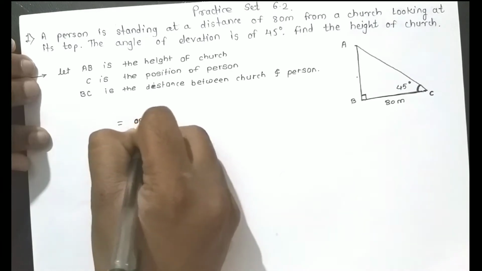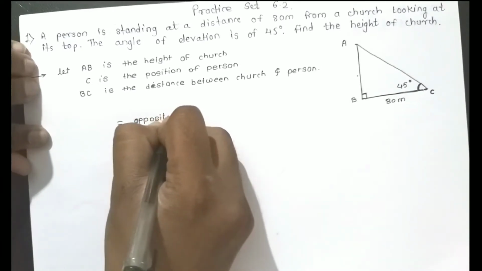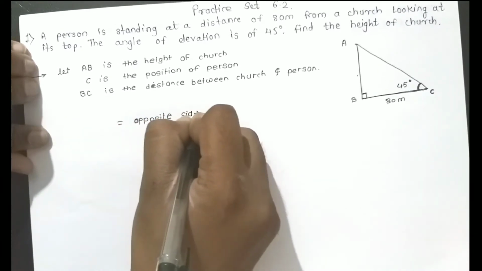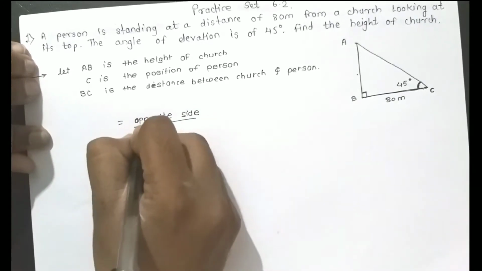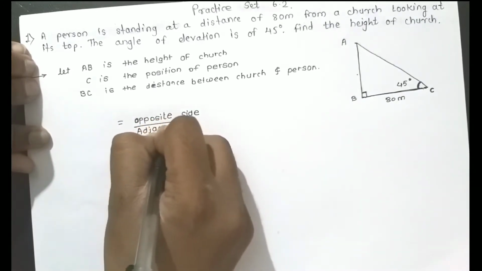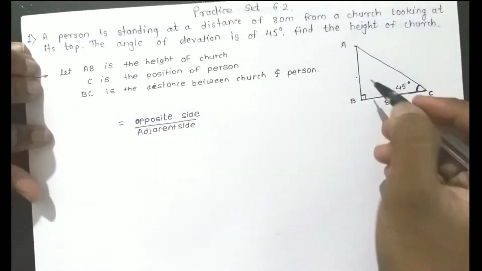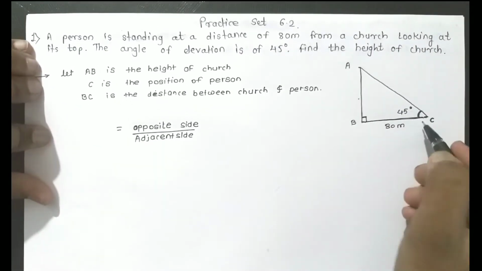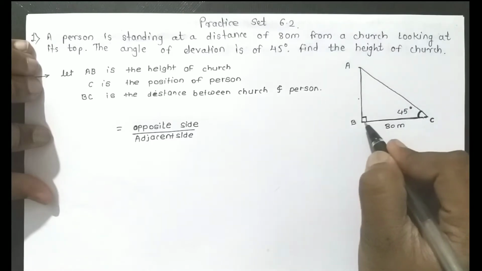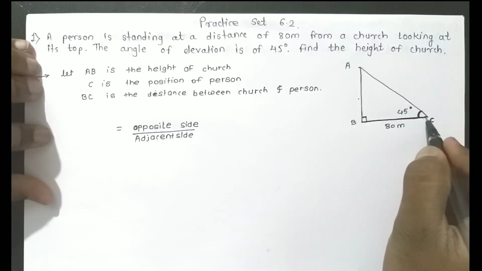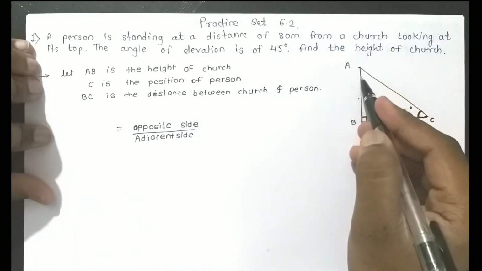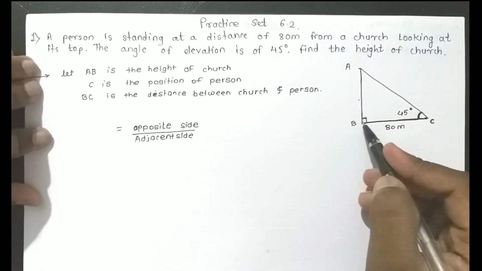We have to find the opposite side, and we know the adjacent side. Always when theta is at C, BC is the adjacent side and AB is the opposite side.